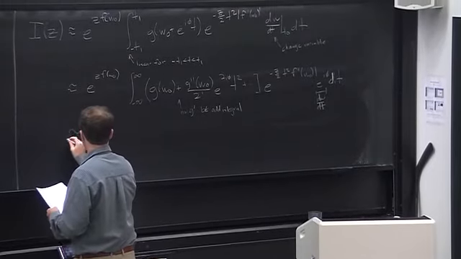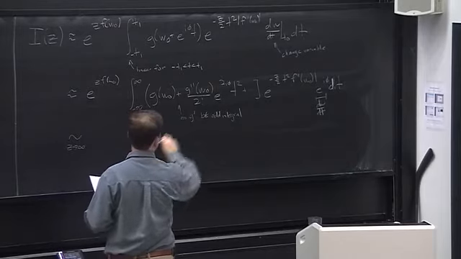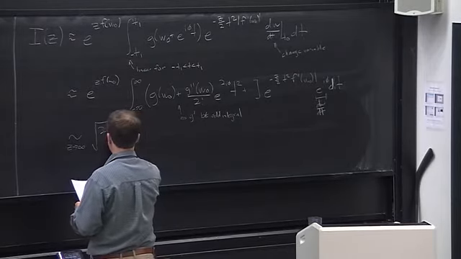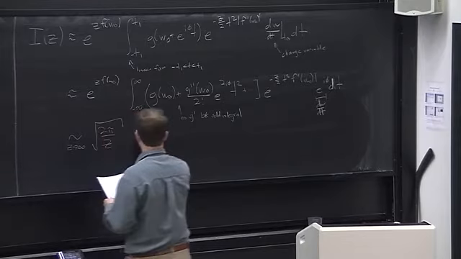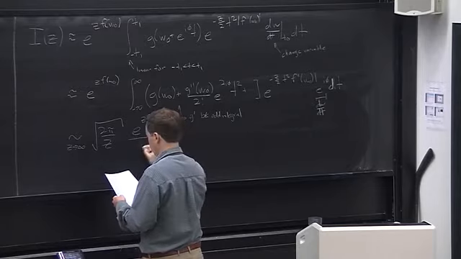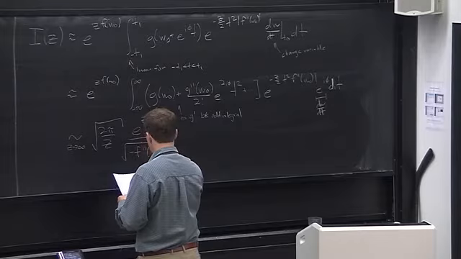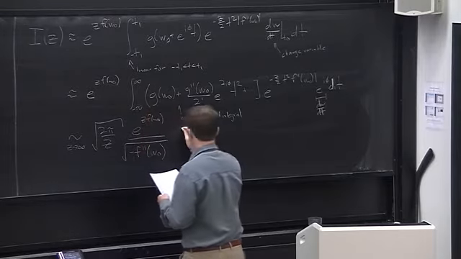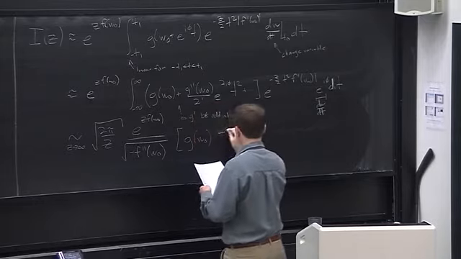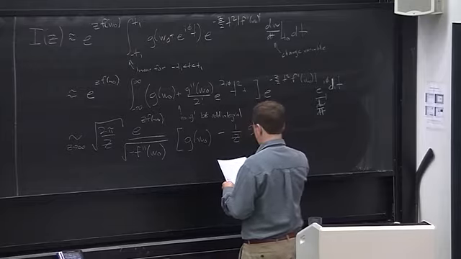And so our final result, we can just do the Gaussian integration, get a factor square root of 2 pi over z, e to the z f naught over square root of minus f double prime w naught, times g of w naught, and if we computed the next term, we get g double prime.